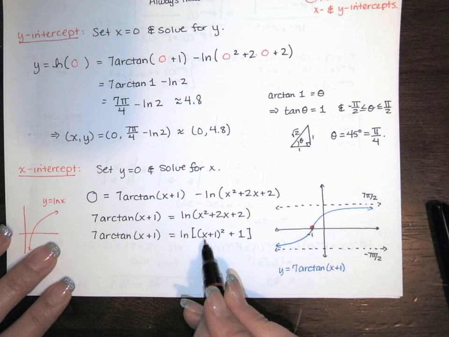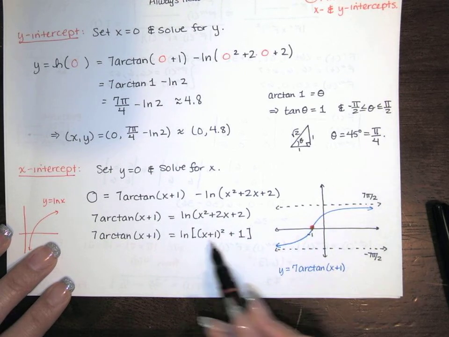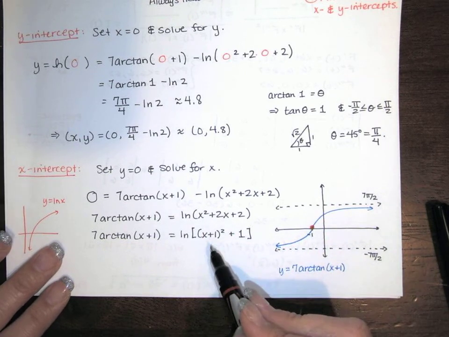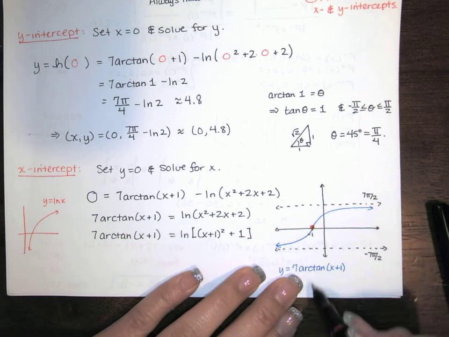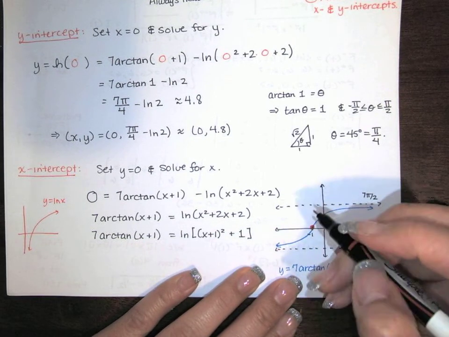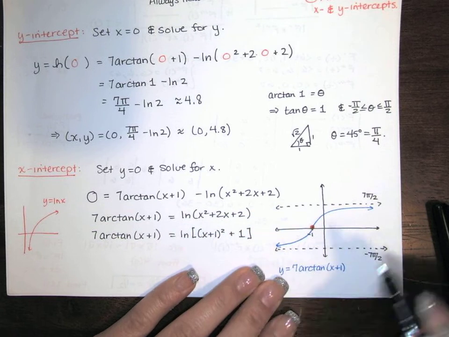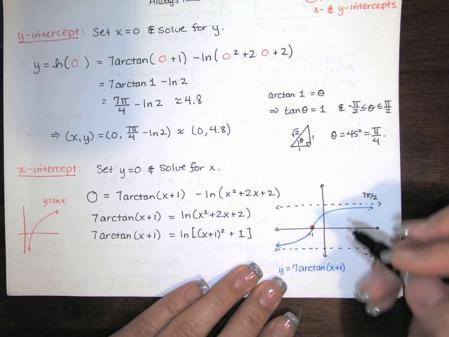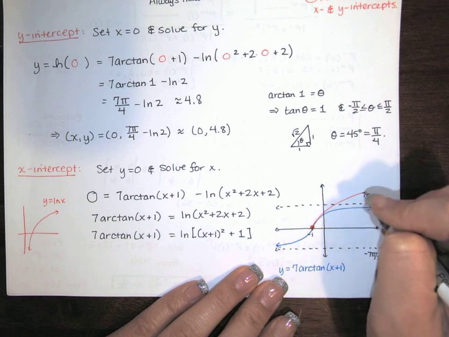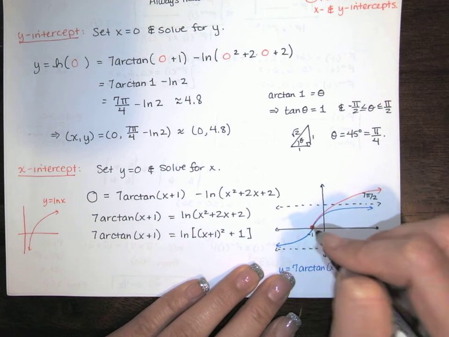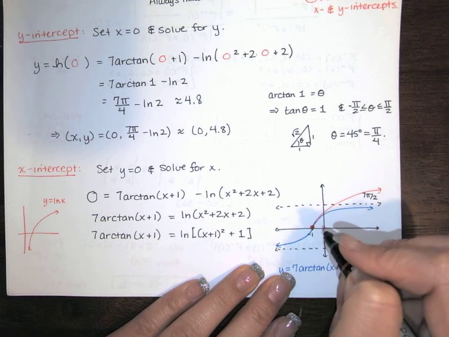And then as x gets farther from -1, either to the left or the right, it's going to be very symmetric about this line, x equals -1. The graph is going to grow to infinity, but very slowly, the way that natural log does. So we're going to see something that maybe looks like this, and it's going to have the same behavior on the other side.